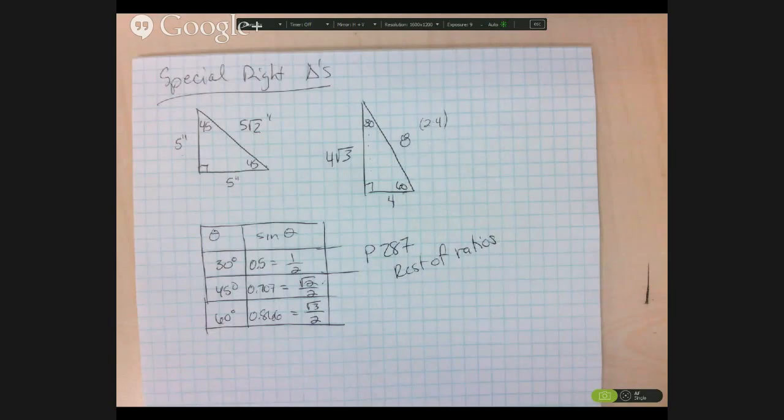We'll get into using these more, but for now I just want to introduce you to it. Instead of using the decimals, we're using the fractions.